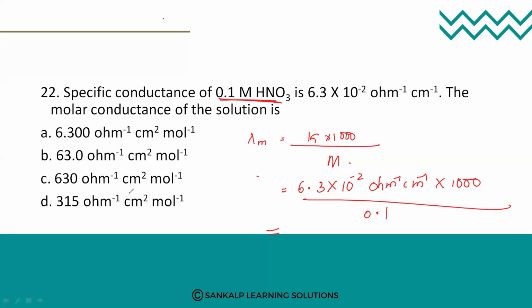Lubna has got it as C. Yes. So after solving, you are going to get 630 per ohm centimeter square per mole. Okay. So option number C is the correct answer. Very good. Option number C.